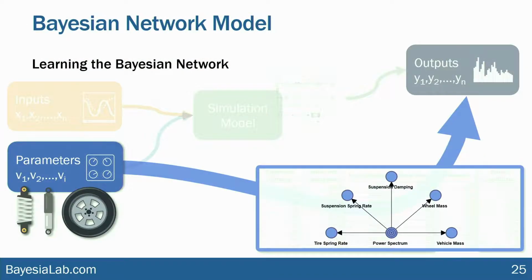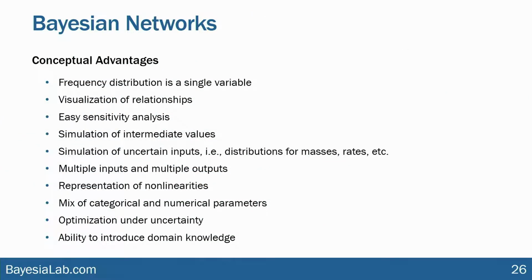We want to approximate our original model with a Bayesian network model. And there are many more conceptual advantages to that. For instance, we can represent the frequency distribution as a single variable. So that will come in very handy.